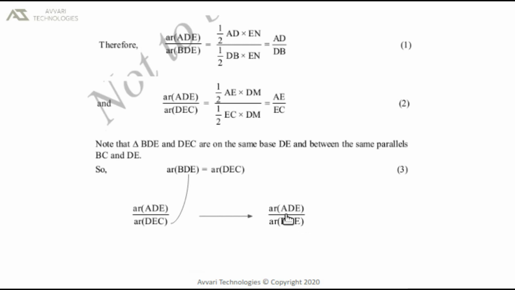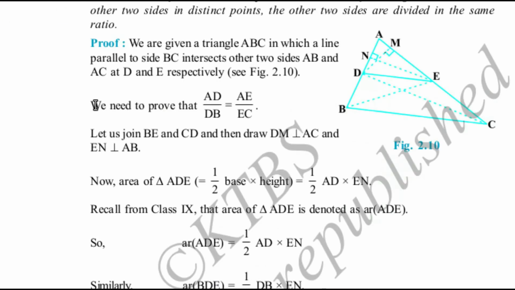Area of triangle ADE divided by area of triangle BDE, which is nothing but our equation 1, AD divided by DB. So equation 1 and equation 2 are the same. If equation 1 and equation 2 are the same, that implies AD divided by DB must be equal to AE divided by AC. That is what we are supposed to prove.